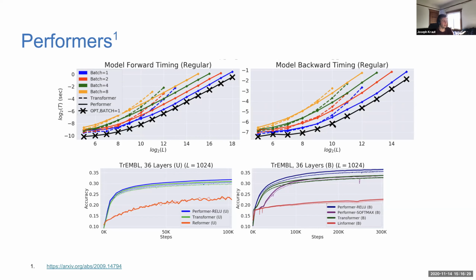The authors were able to scale the performer up to longer sequences much faster and using a lot less memory. And in the second plot you see that they didn't suffer an accuracy hit, or at least not much. You'd have to read the paper for a more detailed investigation of how accuracy changes, but it's pretty interesting that they're able to speed this up and still perform very, very well.